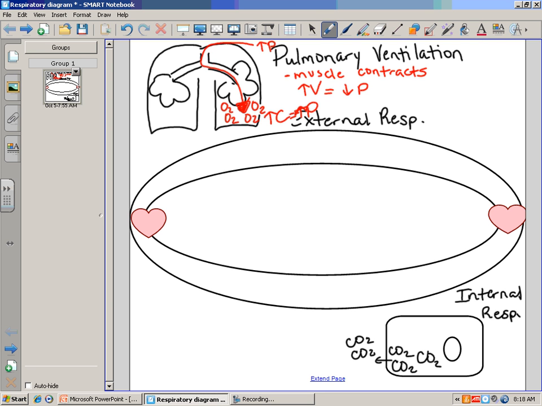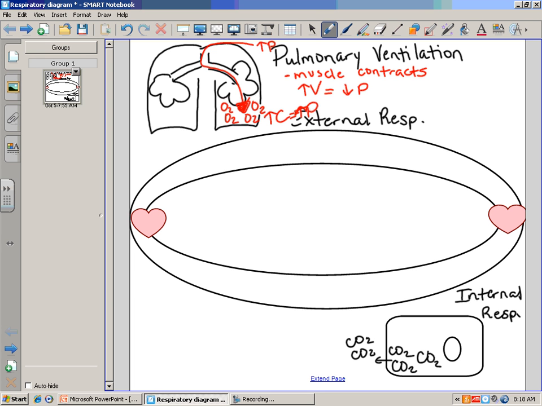Okay? So we have high pressure in the lungs, lower pressure in the blood. Which way is the oxygen going to flow? To the blood, because the gas always flows from high pressure to low pressure. Right? Let's say it again, make sure everybody gets it. We just took a big deep breath in.